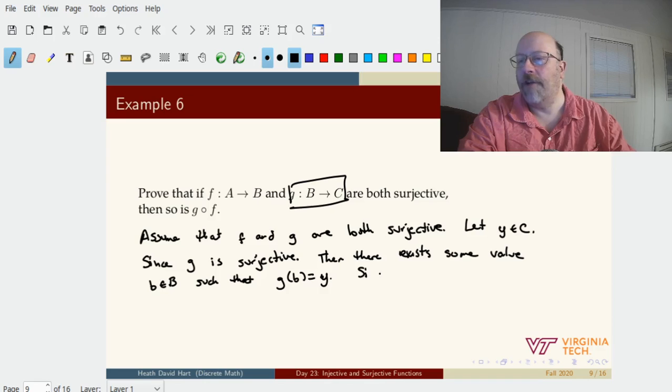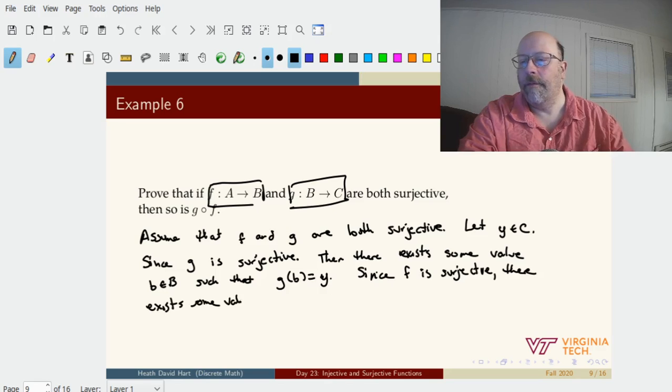Since f is surjective, I can find something that will give me b. There exists some value x in A such that f of x is equal to b.